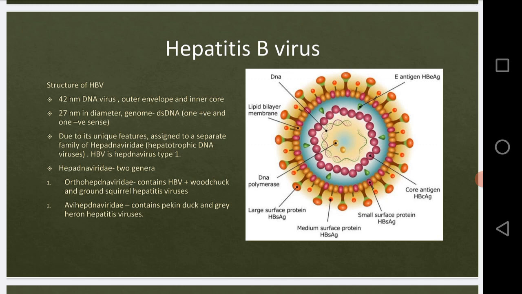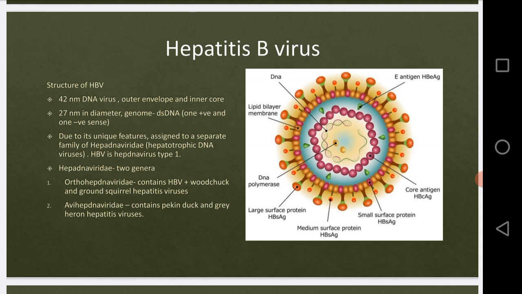We will see the genera one by one. The first one is Orthohepadnavirus, which contains the HBV, our hepatitis B virus, plus the woodchuck and ground squirrel hepatitis viruses. These are the types of hepatitis virus that are classified, depending on their unique features and characteristics, into this special family. What is the name of the family? Hepadnaviridae. Inside that family we have two different genera.